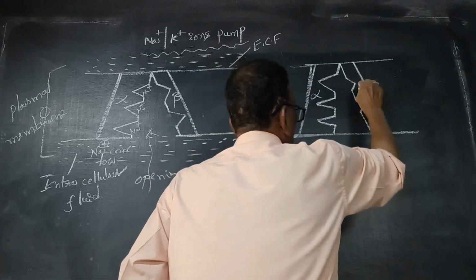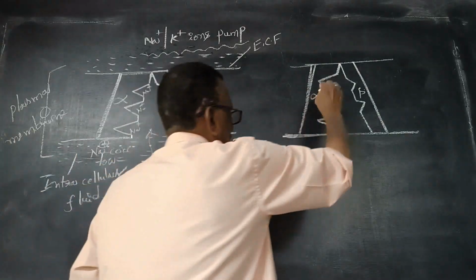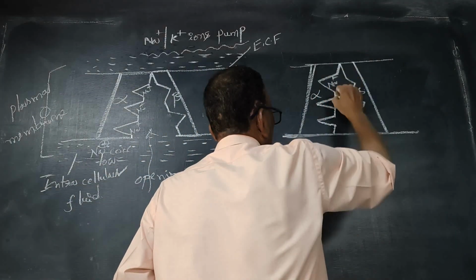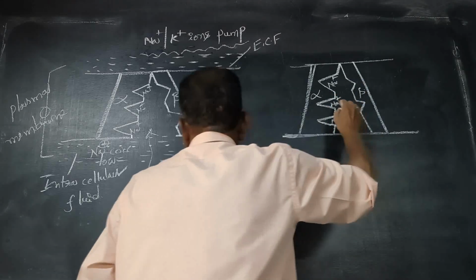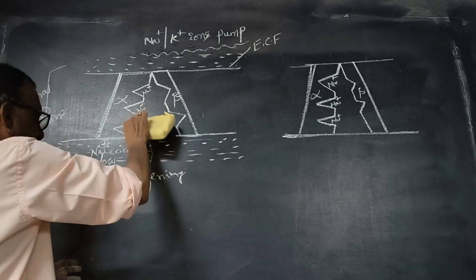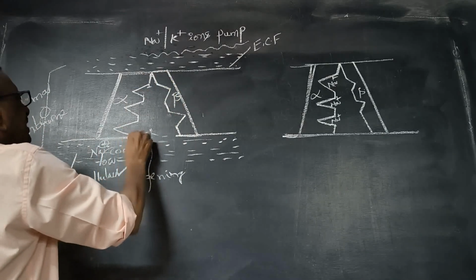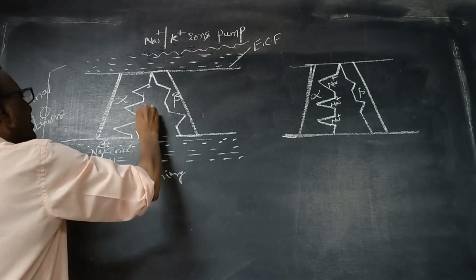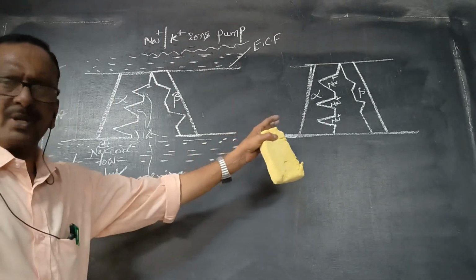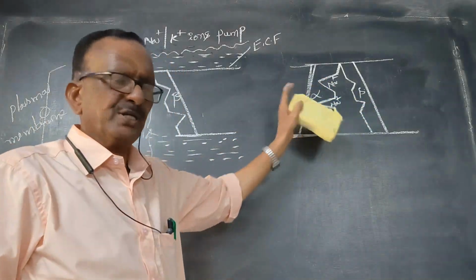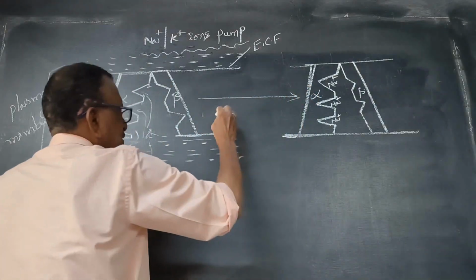This is alpha and this one is beta. So here they are entering like this. They have reached Na+, Na+. In the first diagram, no need to mention these things. We just write sodium ions, they are moving like this. They will enter like this and they are occupying these three sites.